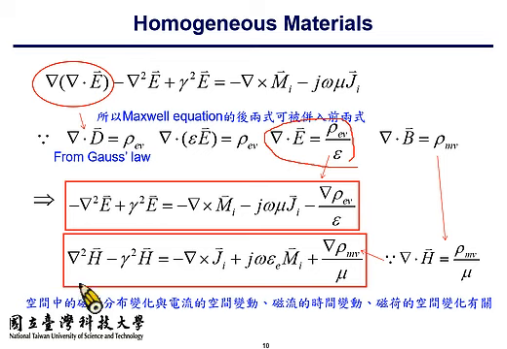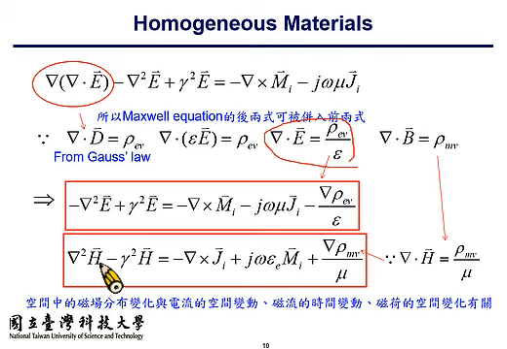So if we do the same thing for the other equation for magnetic field intensity, we can also replace the curl of H using the vector identity shown in the previous slides. So the left hand side is the Laplacian of H minus gamma squared of H, that's the second order time derivative of H, equals the source on the right hand side.